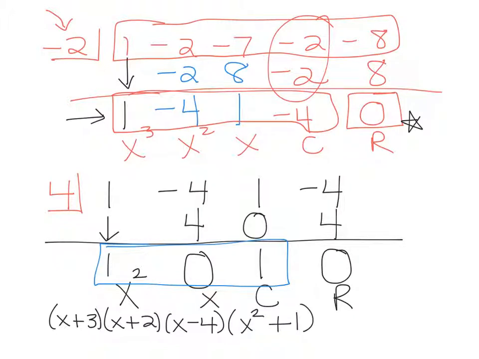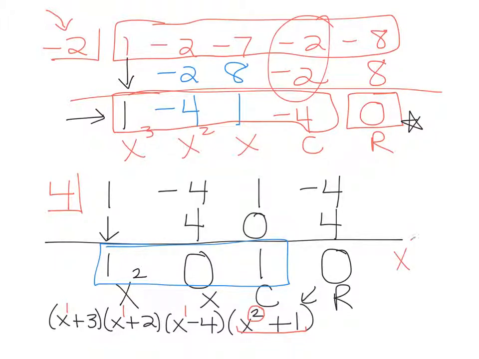And this quadratic is irreducible, x squared plus 1. This factor right here actually produces 2 zeros. And each of these only produces 1 zero because our power on the x is 1. Now, these two zeros don't actually show up on the graph because that x squared plus 1 factor is irreducible, meaning x squared plus 1 cannot be factored.